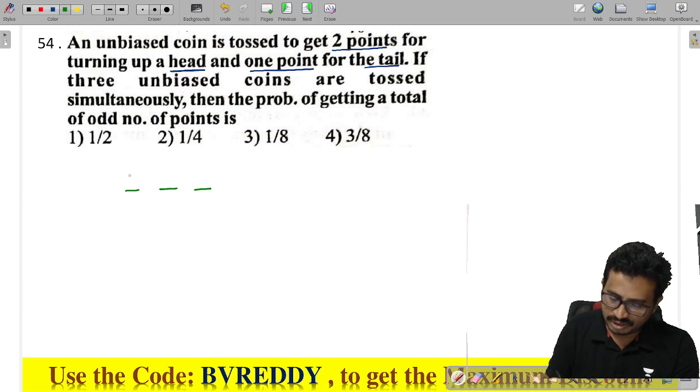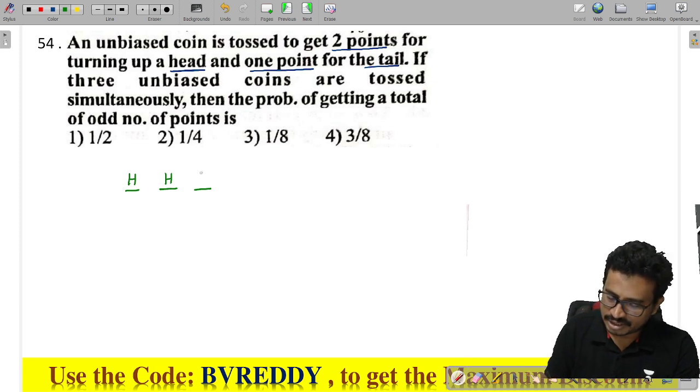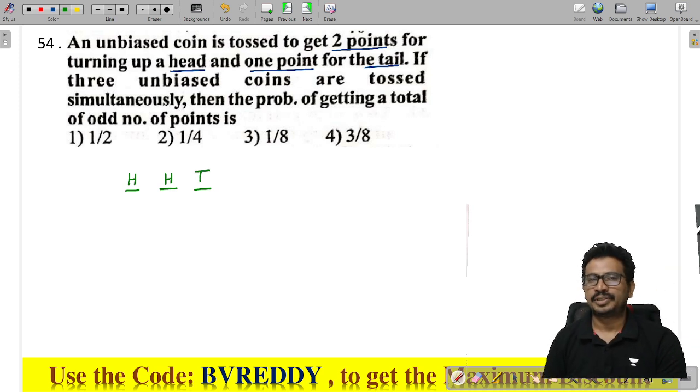If I got one more head, I will get another 2 points, 4 points. If I got one more head, 2 points. That means it will become an even number. 2 plus 2 plus 2, that is 6. It is an even number. But I need to get an odd one now. That's why if it is a tail, I will get odd points. You see, 5 points I will get. That is an odd number.